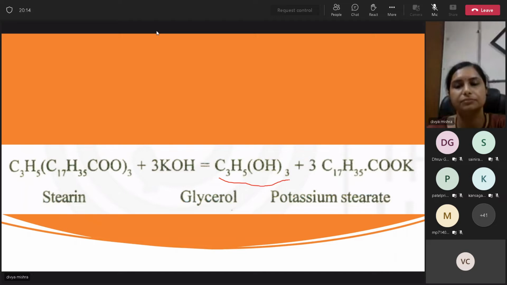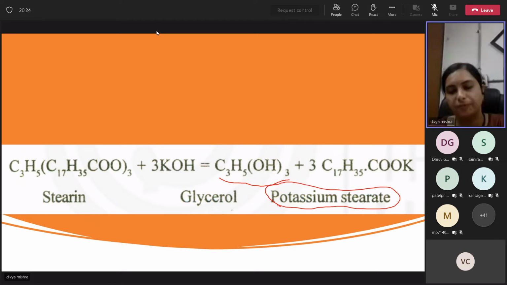Glycerol and potassium stearate. This process will occur after the reflux. So some of the potassium, it is getting utilized here for saponification process, but some amount will remain unused.